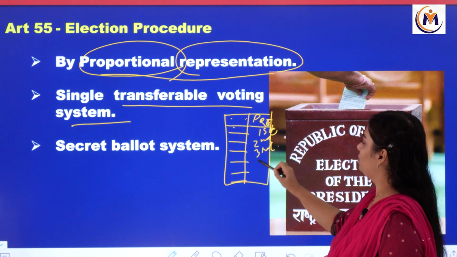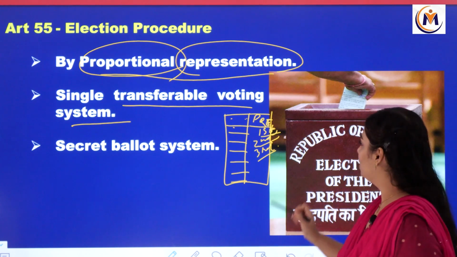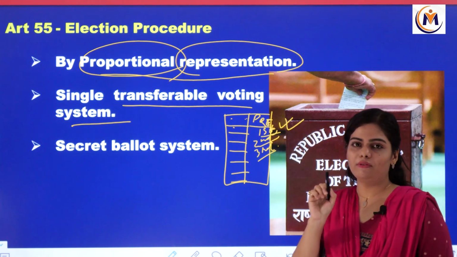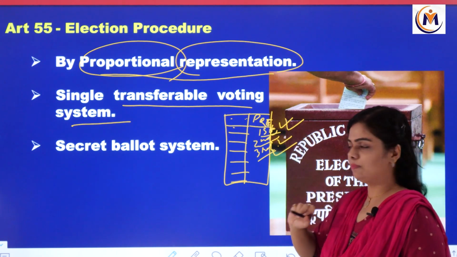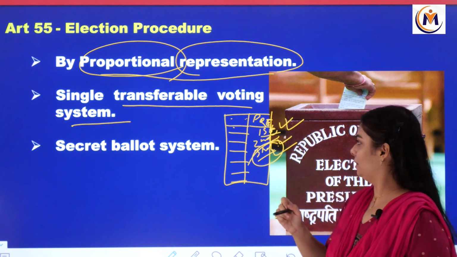So it is mandatory for each member of the electoral college to give his or her first preference. It is not essential to give the second or the third preference.